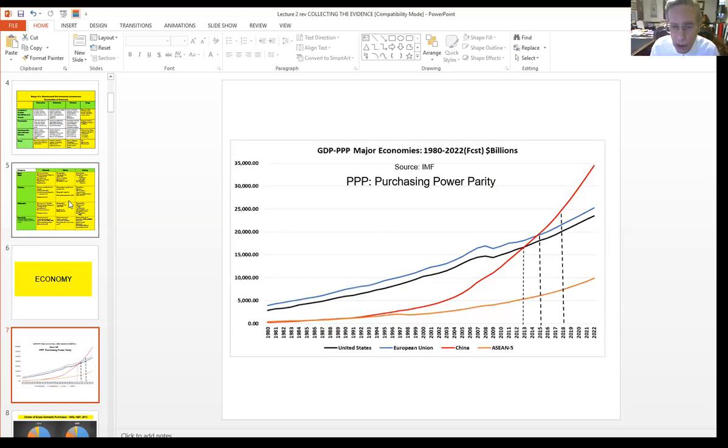So there's another line on this chart. You can see it's the yellow line at the bottom of the chart, and it represents the 5 largest countries in the ASEAN group, the Association of Southeast Asian Nations.